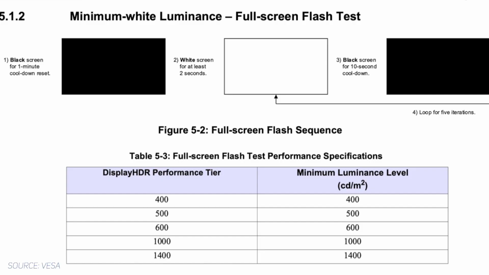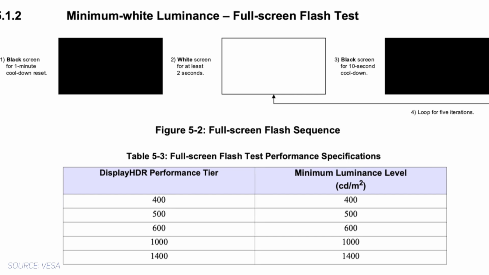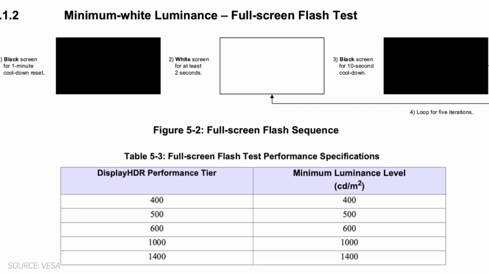The other test, which is frankly where the vast majority of televisions struggle with this performance criteria, is a full screen flash test. So we wanted to ensure that in a game or in a movie where you have an explosion, we wanted to test full screen white. You needed to be able to flash for 2 seconds at full luminance, full screen.